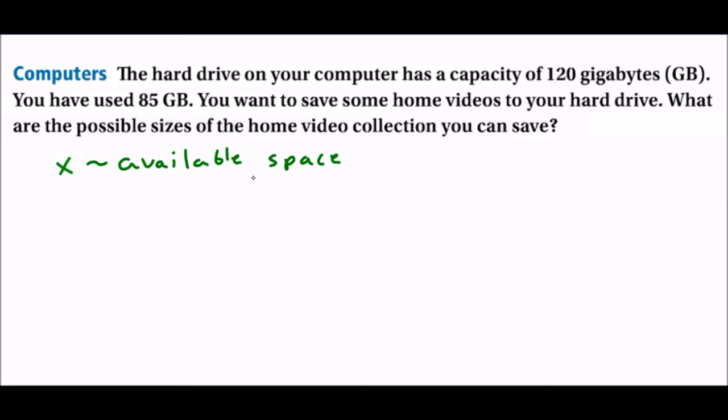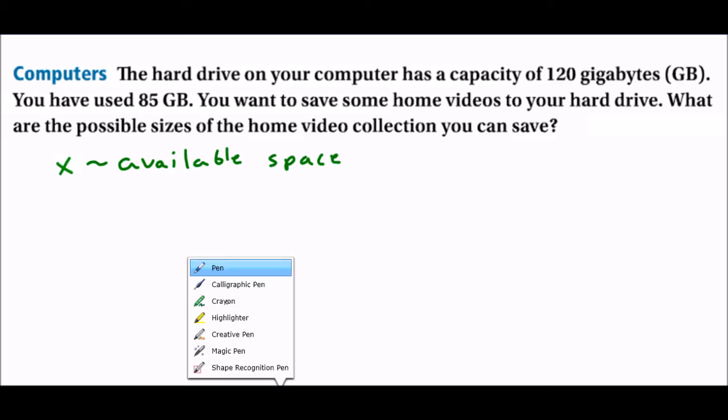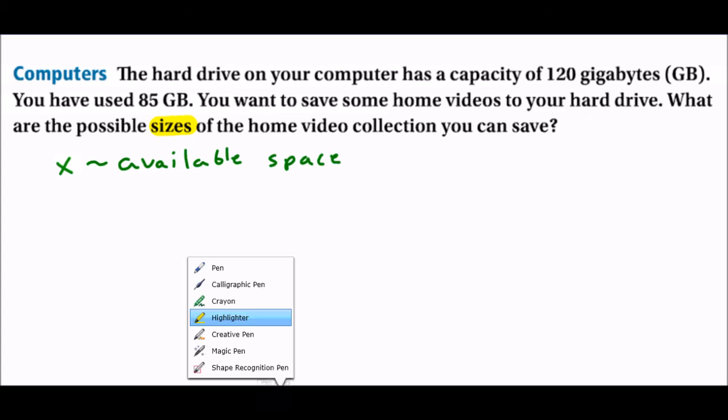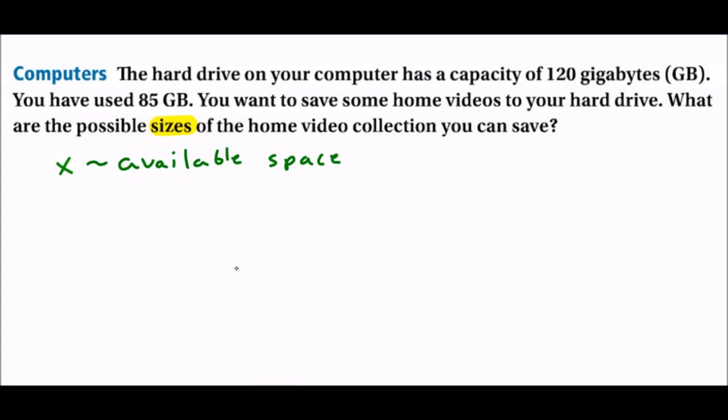Now really, the big phrase or big letter that sticks out here is that S, where it says sizes. That means we can have more than one answer. And typically, when we have more than one answer, that implies it's going to be an inequality. So I'm going to set up an inequality with the information I have.